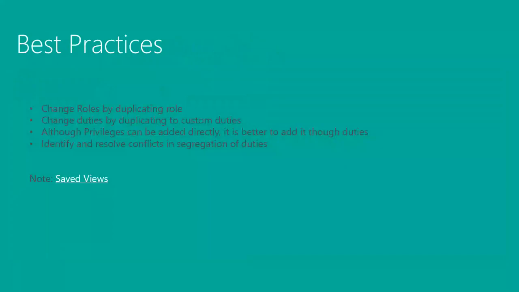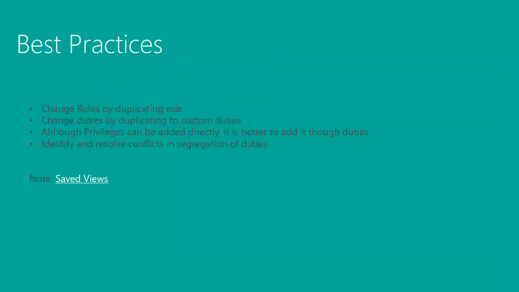The other thing is, sometimes we just want to change roles quickly, so we just end up adding a couple of new privileges to that role, or take privileges from here and there from multiple duties and assign them to the role directly. It is not wrong, but it would not ease the maintenance aspects of the role.